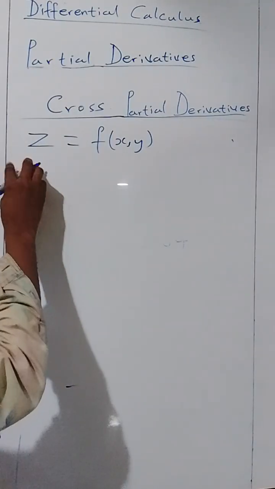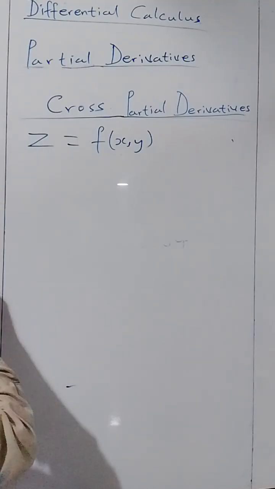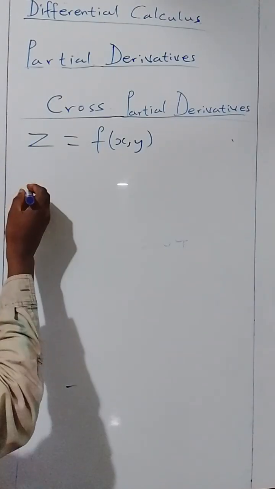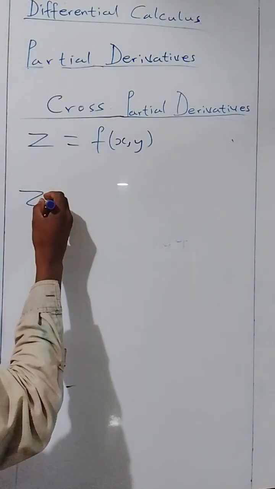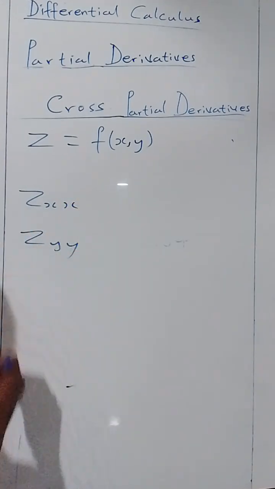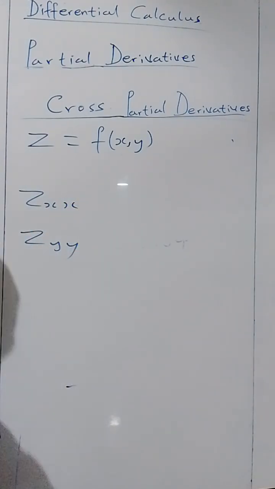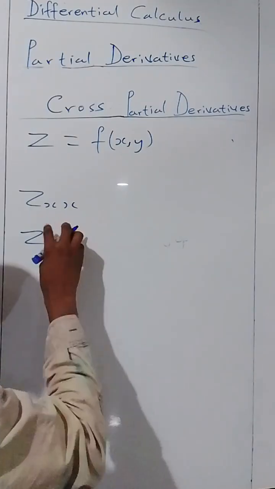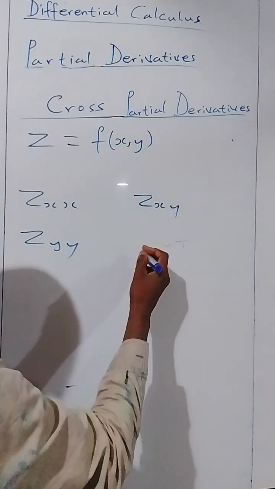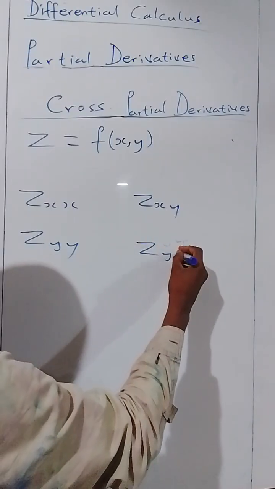Remember in our previous video, we dealt with second order partial derivatives, where you have z xx and also z yy. But in cross partial derivatives, you have z xy or z yx.